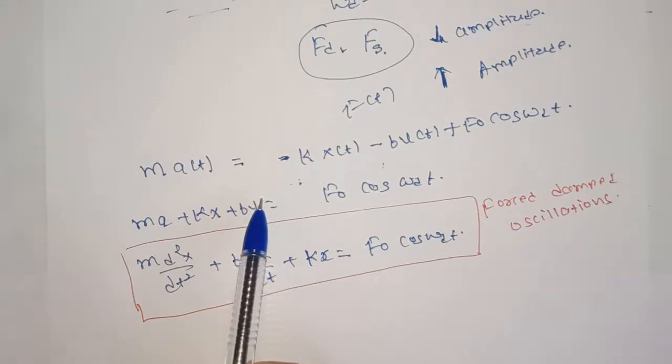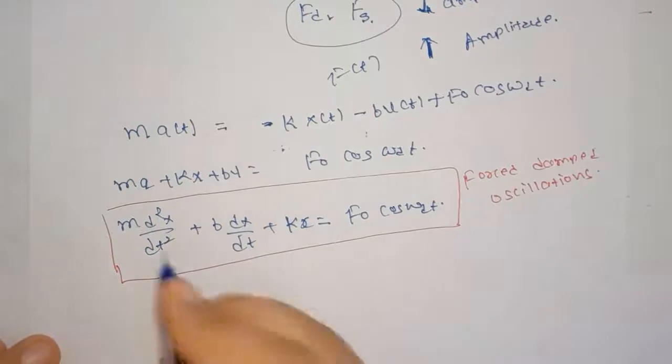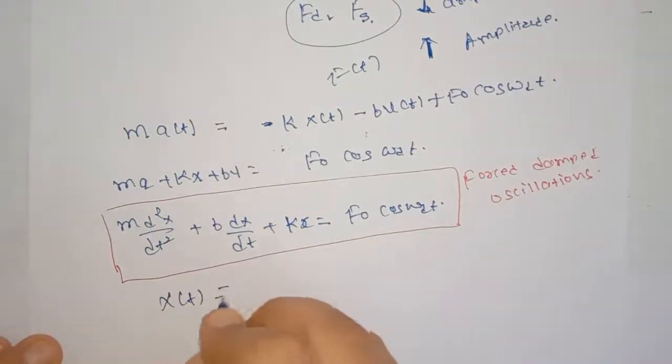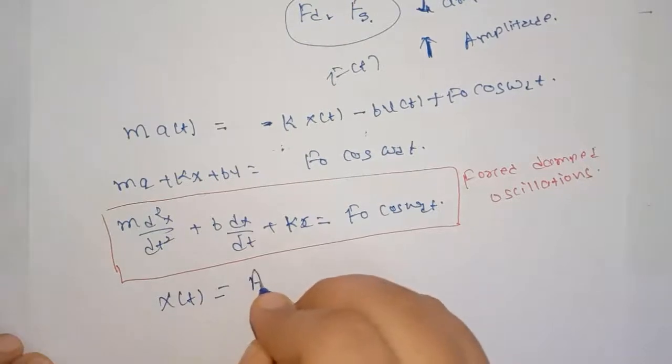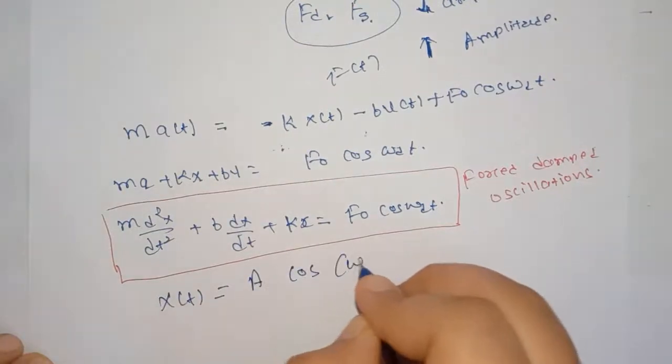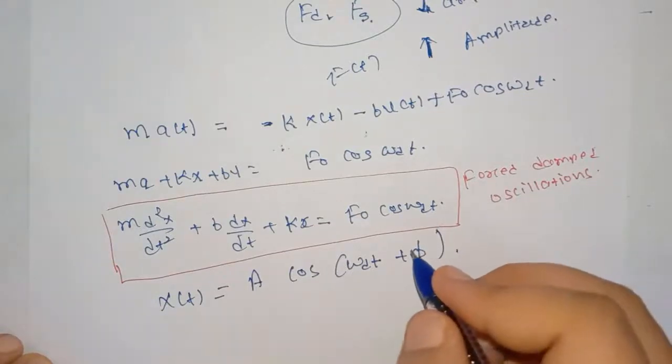Now, if we find the solution of this equation, then x of t will be equal to A cos of omega d t plus phi.